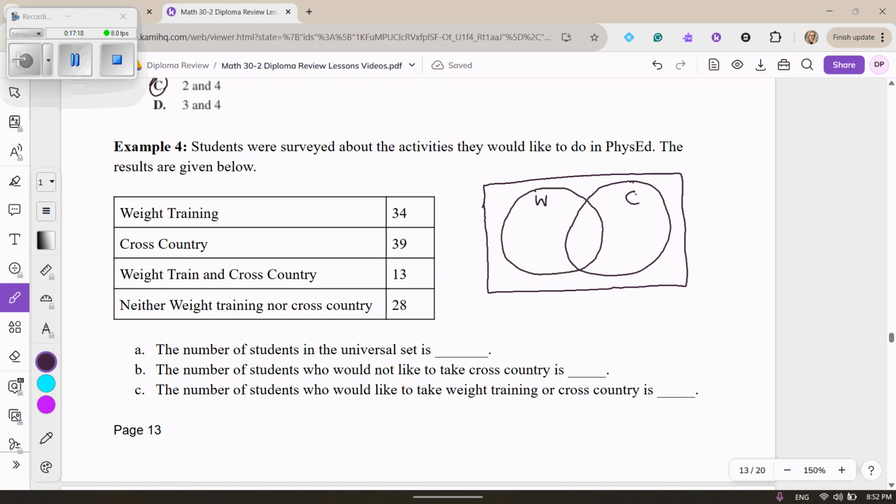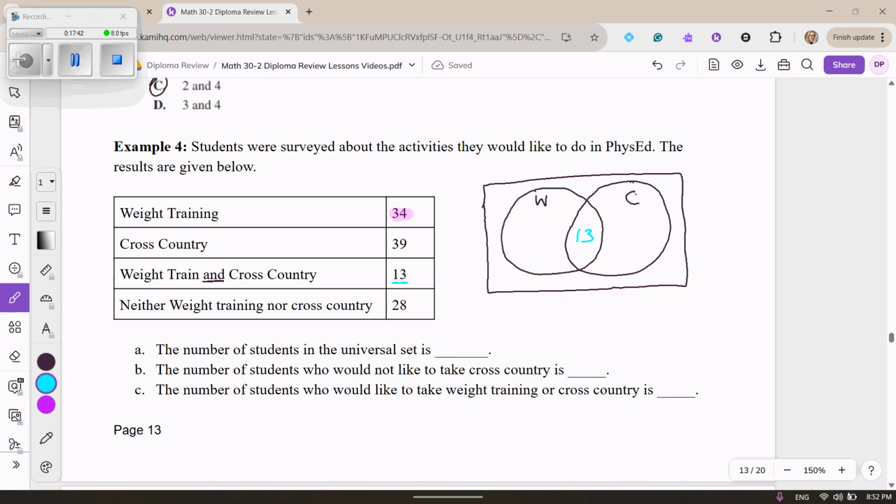So the reason that you have to do a Venn diagram is this 34 cannot go directly into the Venn diagram. Remember that you want to start in the middle of your Venn diagram wherever possible. So in this case, we do have weight training and cross country as 13. So that can go right in the intersection.